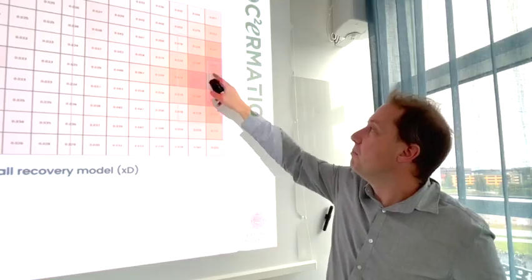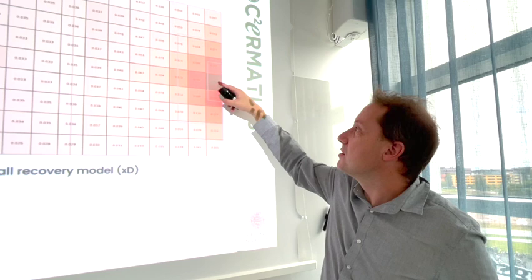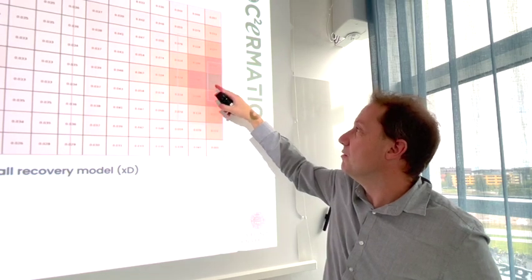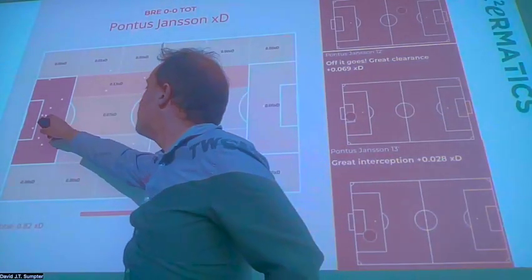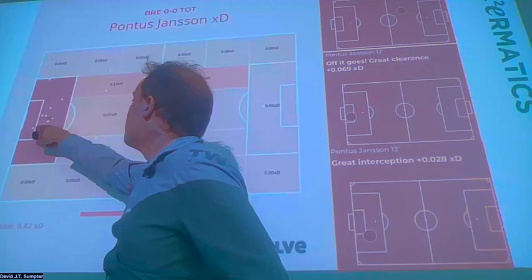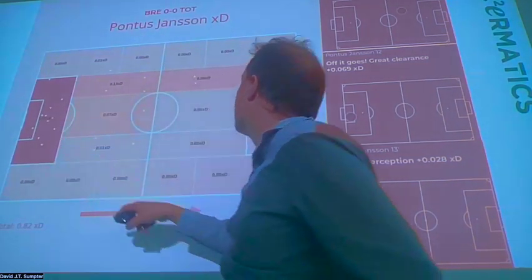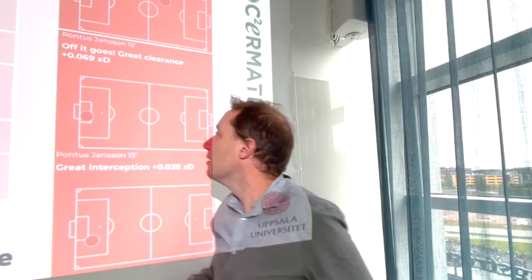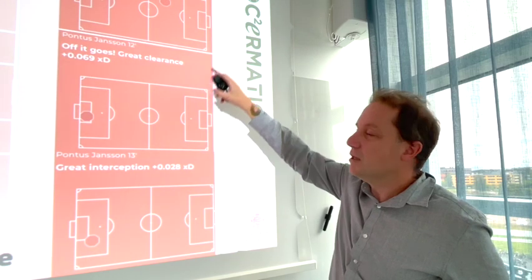For ball recovery, this is one of the more dangerous events that you can do. You recover the ball. And so we can then look at, for example, Pontus Jansson. His expected defensive contributions are, a majority of them, from actions inside his own box.